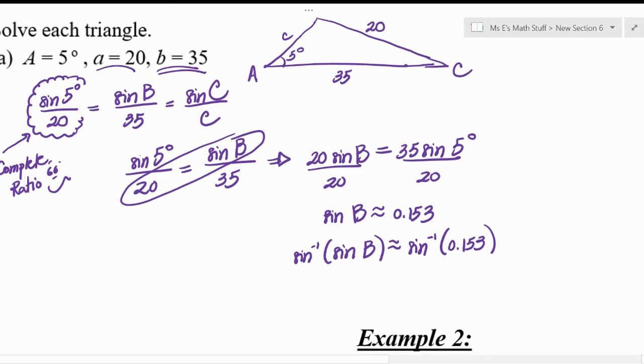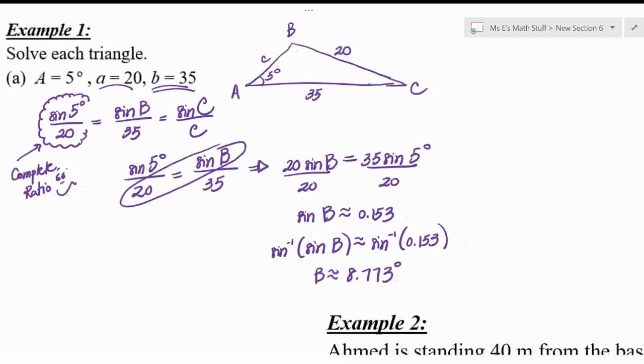So you'll end up with B being approximately, so do arc sine and then answer, which is like your negative key, but you push second and then your negative key. That way you don't have that extra round-off error because you're using what your calculator had with all the details there. And then this would be degrees. There you go. So now I have solved for angle B.